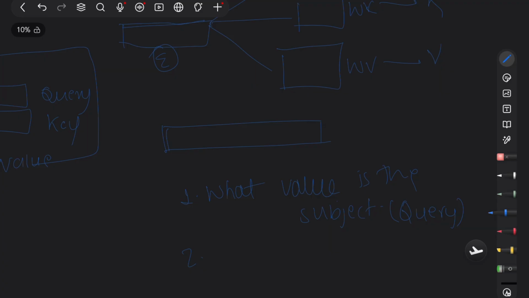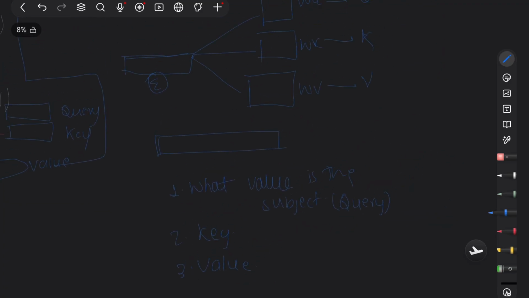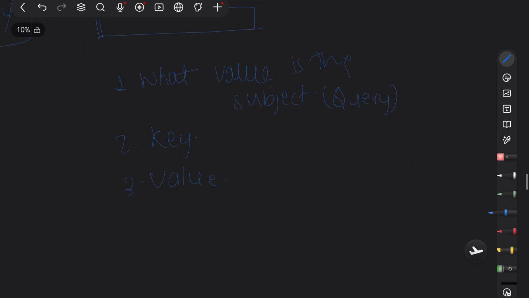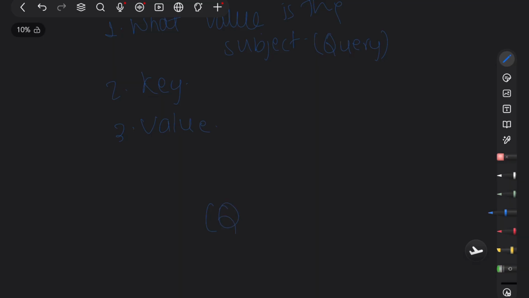What is the other thing that we are trying to find the similarity score with? That is the key. And what are we finally multiplying the similarity score with? That is the value of that embedding, right? So these are the three places we are using the embeddings, and these are query, key, and value. And how do we use that? We use it like this: query times k times v, that is multiplication. Let me write it like this. This is how we are using query, key, and value.